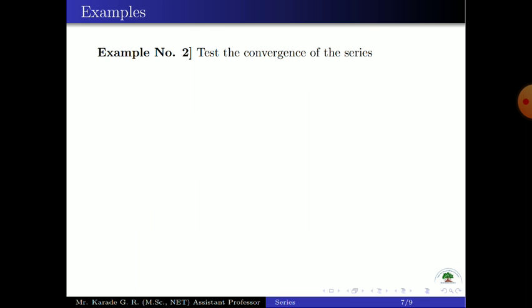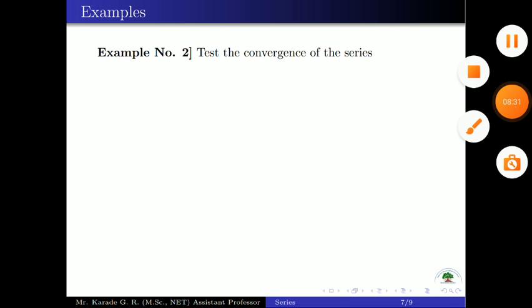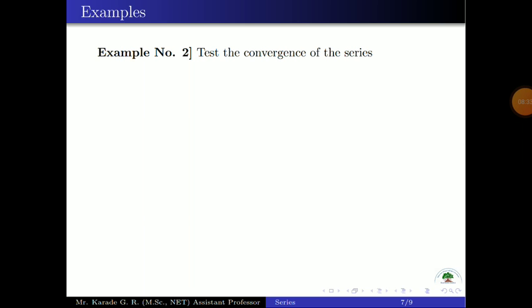Let us take example number 2. Test the convergence of the series. The series is given here: summation 2 raised to n divided by n square, n runs from 1 to infinity. So this series is exactly the reverse of the above series.